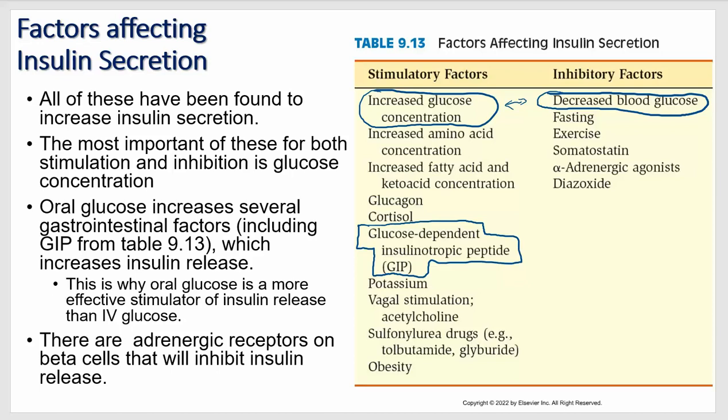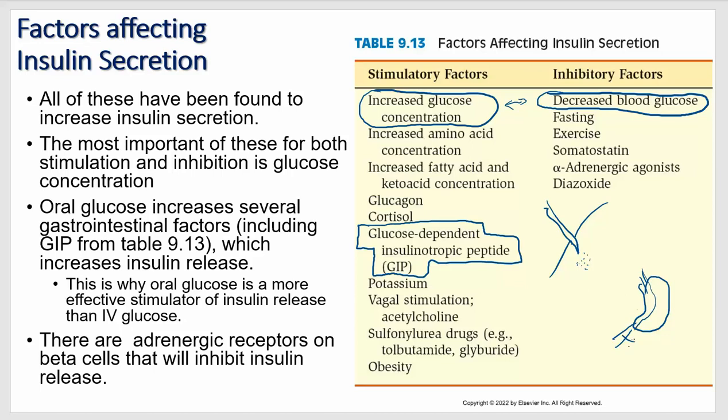Okay, and an important point of this is that this is why oral glucose is a more effective stimulator of insulin release than IV glucose. If you give somebody IV glucose, that's supposed to be a needle in somebody's arm, and it just goes right into the bloodstream without going through the intestine. This is supposed to be a stomach with the intestine, so this would be an oral administration.